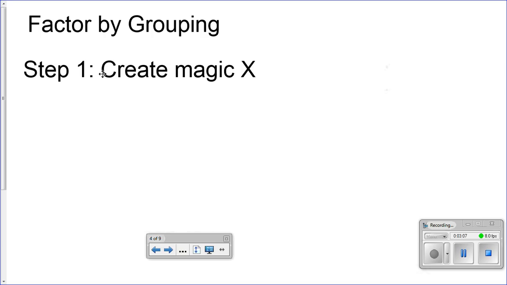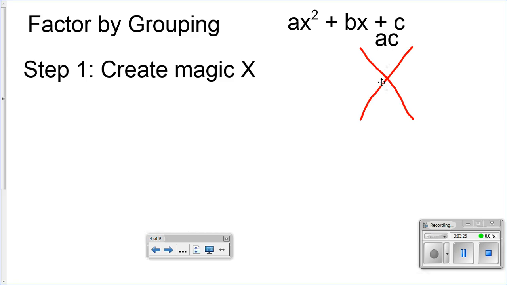All right, now, how do we factor by grouping? Step 1 is we create what I call a magic X. All it is basically is an X. Here's our trinomial. This is a very general trinomial, where A, B, and C are actually numbers. With our magic X, we're trying to figure out 2 numbers that multiply up to whatever A and C multiply up to, and that add up to B. So it will give us a number here and here.